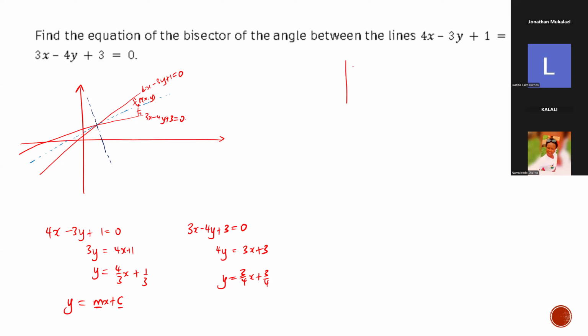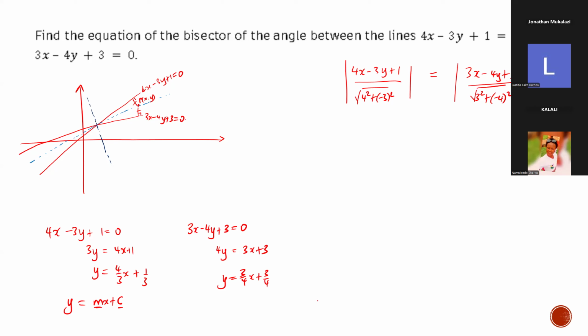So if I do that, I'm going to be saying that the absolute value of 4x minus 3y plus 1 divided by the square root of 4 squared plus negative 3 squared is equal to the absolute value of 3x minus 4y plus 3 divided by the square root of 3 squared plus negative 4 squared. It's important that you have the absolute value signs as you approach this question, because that's how the formula is.